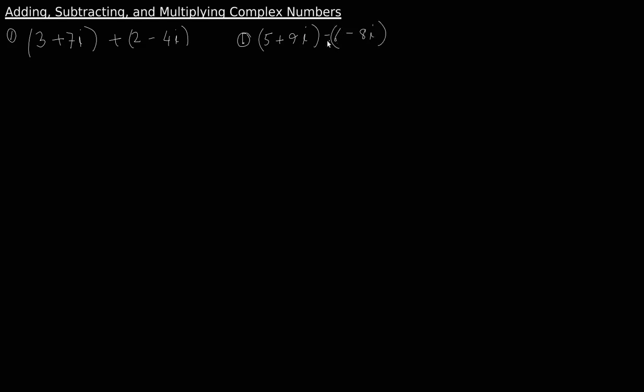This is my second one, and the last one is c, which is 2 plus square root of negative 9, then minus 2 plus square root of negative 4.